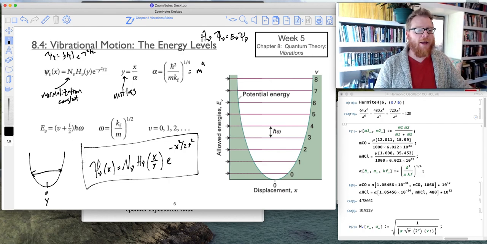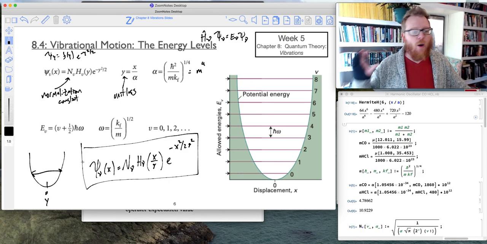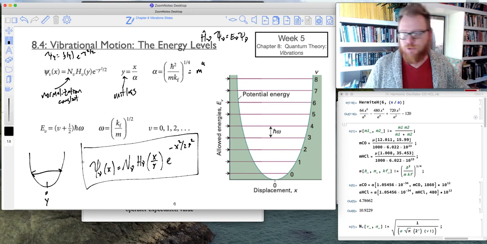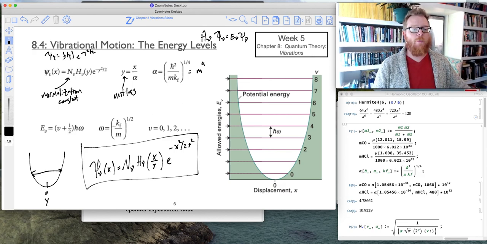It's a lowercase omega, and that's not operator omega, it's just the Greek letter omega. We don't have enough letters. So what is omega? This is what we call the oscillator frequency, and it is given by the square root of the force constant divided by the mass.